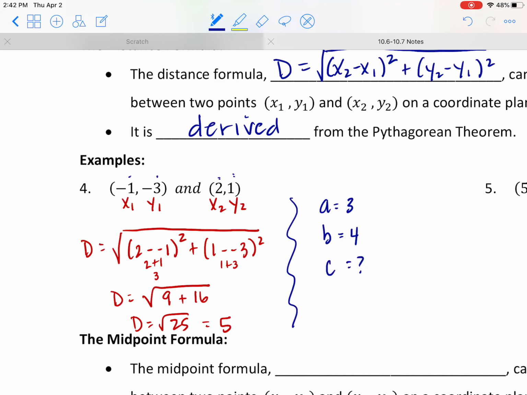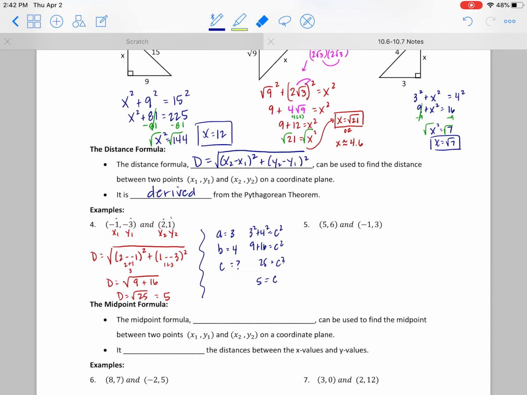That's 3 units. And then B is how far is it from one y to the other y? Well, from negative 3 to positive 1, that's 4 units. And then I'm just looking for C. So 3 squared and 4 squared equals C squared. That's 9 and 16. And that's 25, and the square root of 25 is the same 5 we got over here. That's just another way to think about that problem.